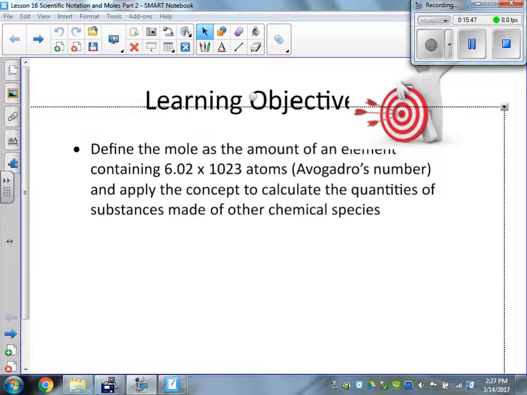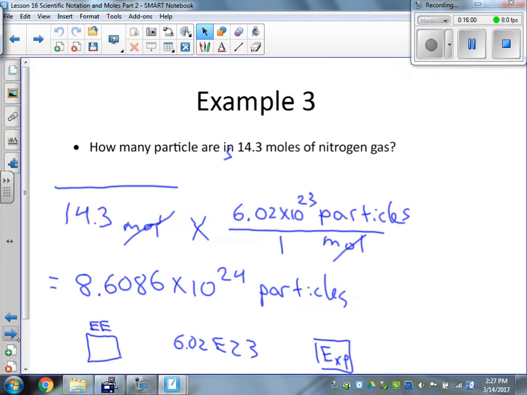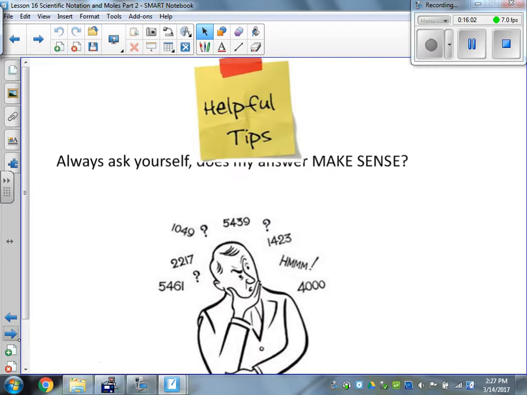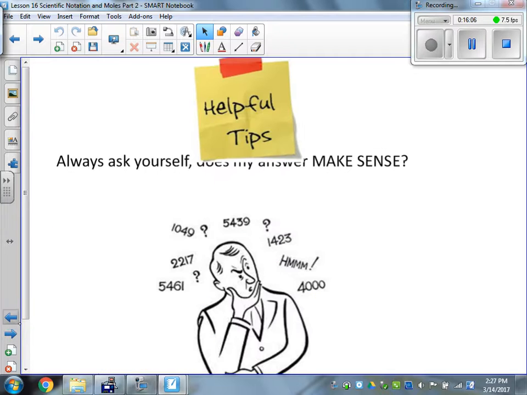Once again, we want to talk about Avogadro's number and relate that to moles and molecules. There are a few more examples here for you. We did this one on the previous one already, right? 3.6 moles. And we did this one as well, and we did the nitrogen gas, okay? Make sure your answer makes sense as well, right?